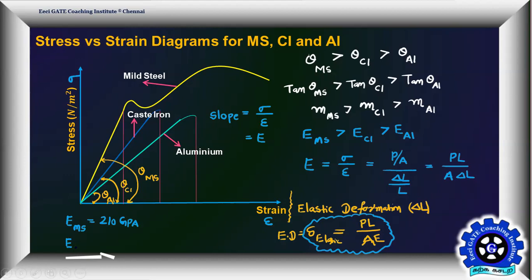We cannot give an exact value, but it is around 110. Generally, in exams, they give 100 gigapascal. After that, E aluminium is around 70 gigapascal.